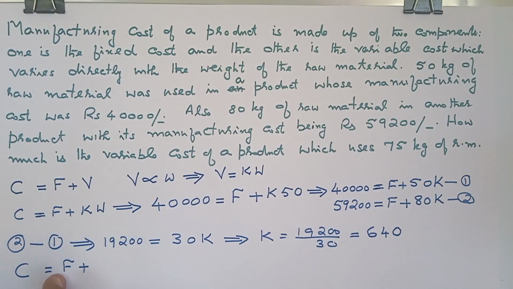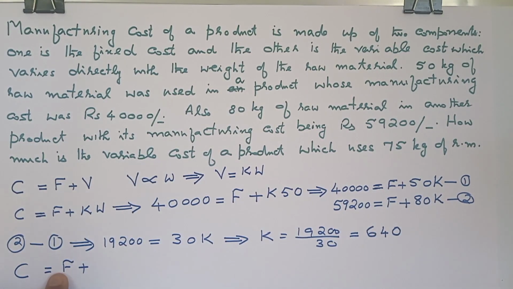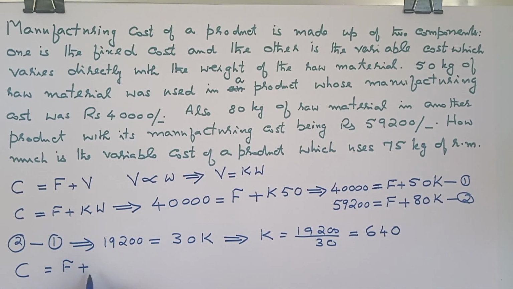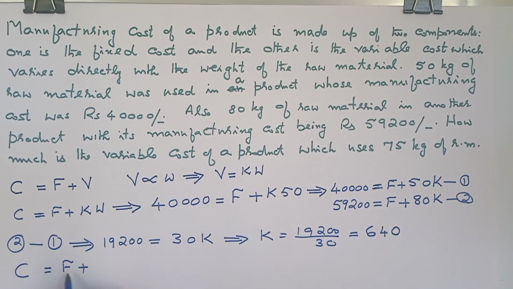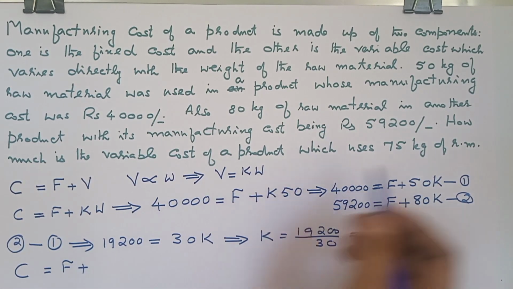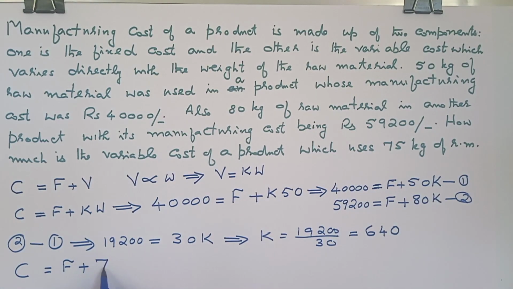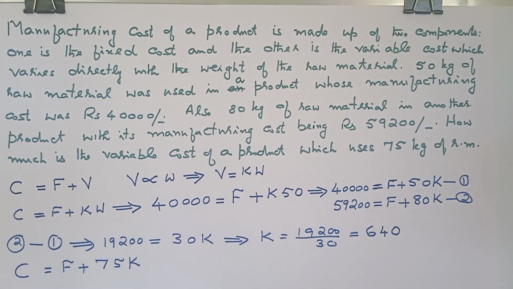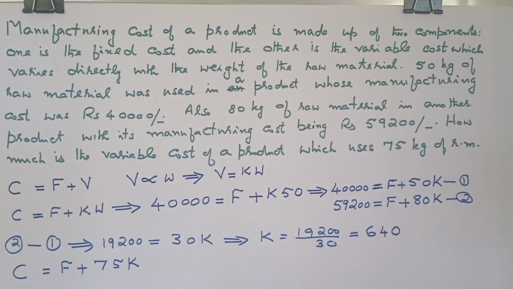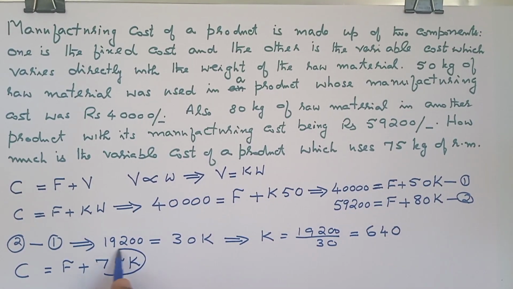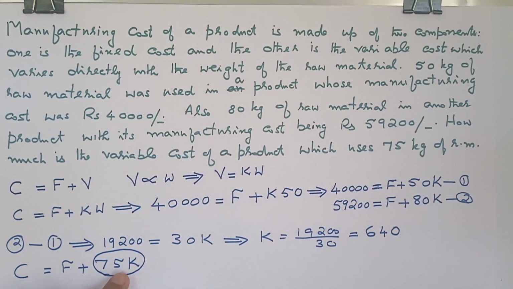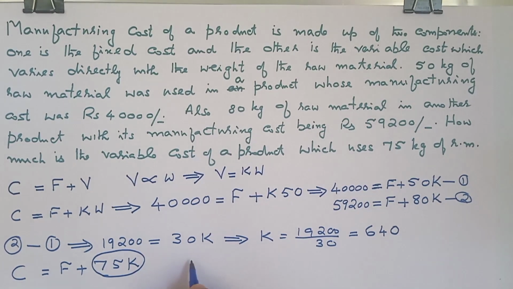If you want, you can find out F and substitute here. We don't need to because we are not looking at the total manufacturing cost. Variable part will be how much? 75K. And this is the variable component. So only this we are asked to find out.